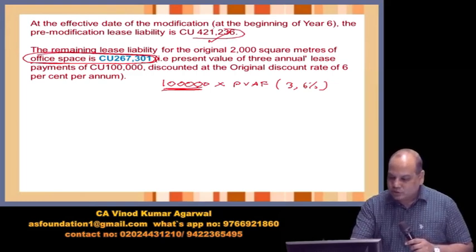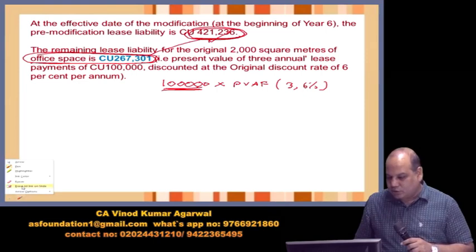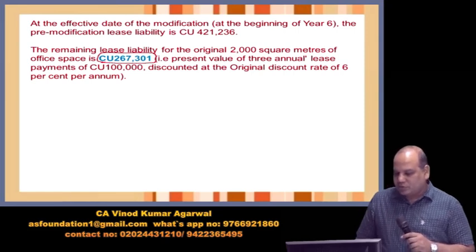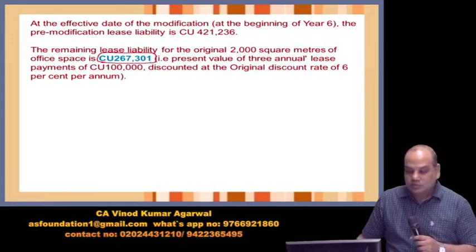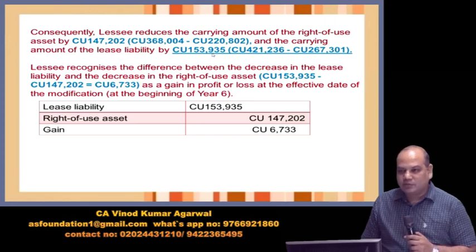And what is your book value? 421,236. If lease term would have got reduced, your liability would have become 267,301. Correct? What is the change in the lease liability? 153,935. So we have two numbers now to understand.